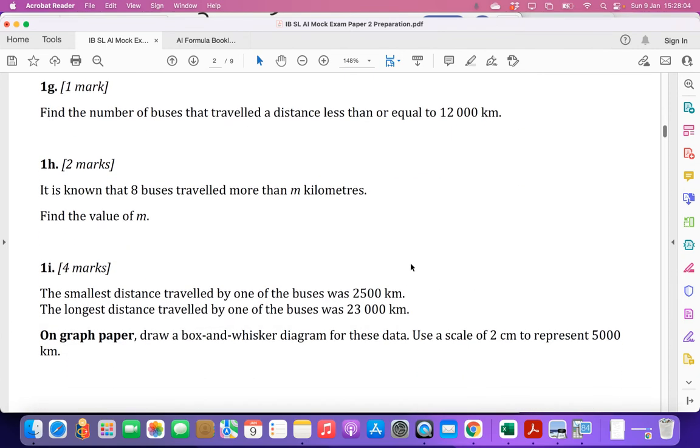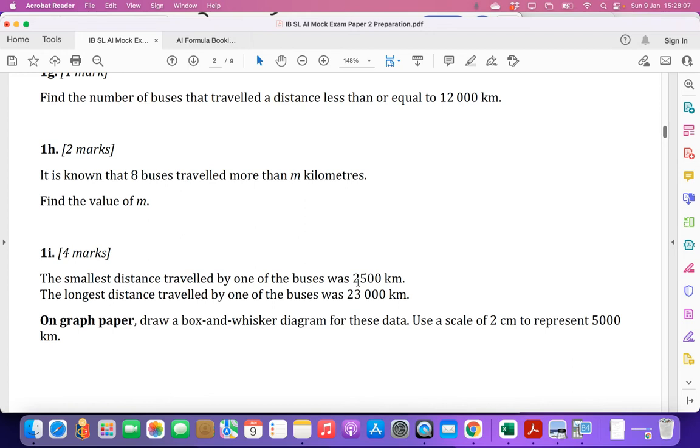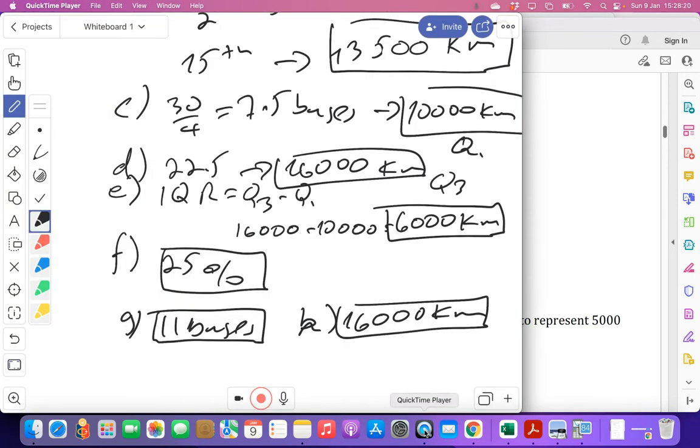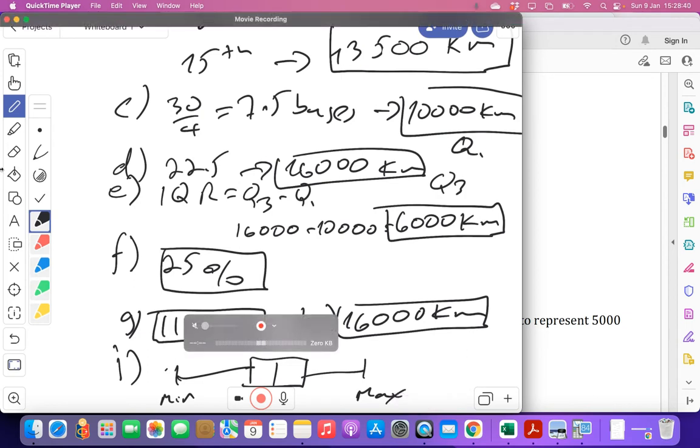It gives you the minimum and the maximum, and we know the Q1, median, and Q3, so we should be able to generate a box and whisker diagram on graph paper, respecting the scale they have, using the numbers that we have. Okay, next question.